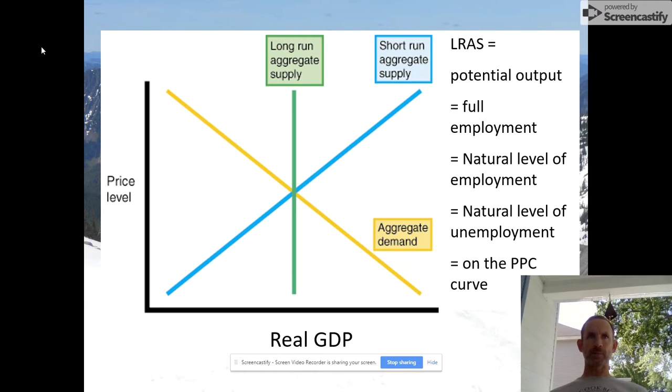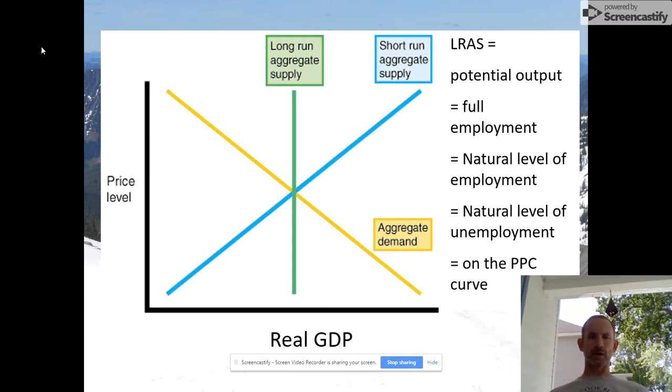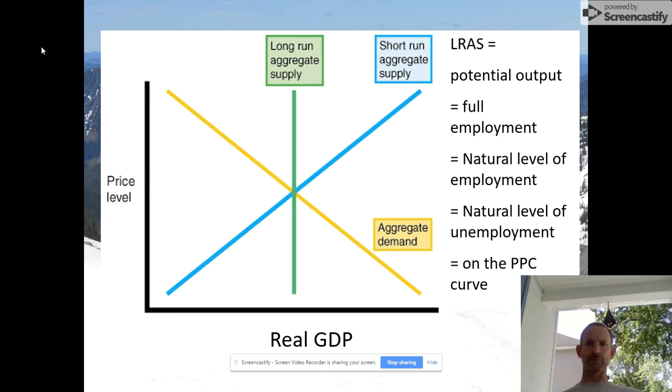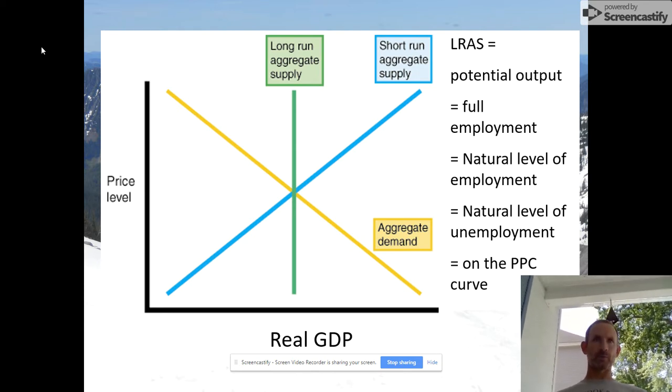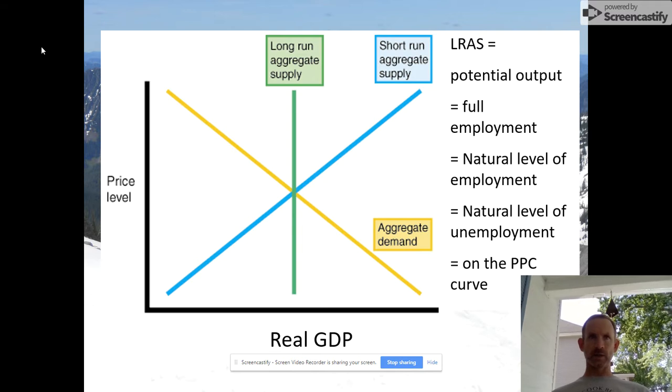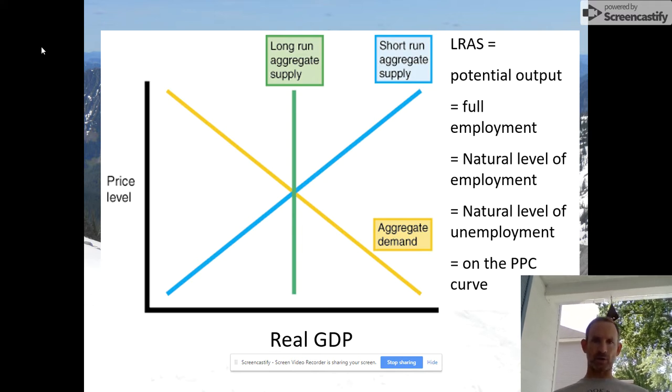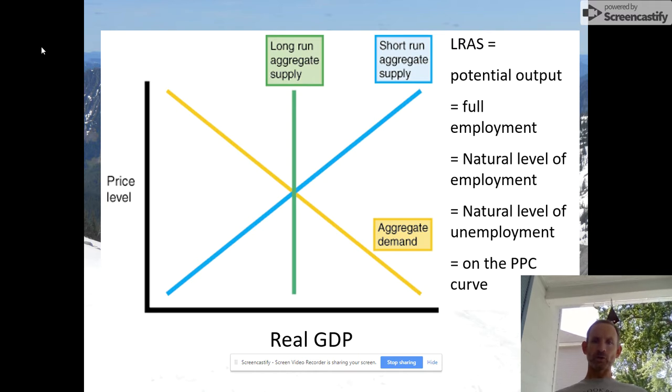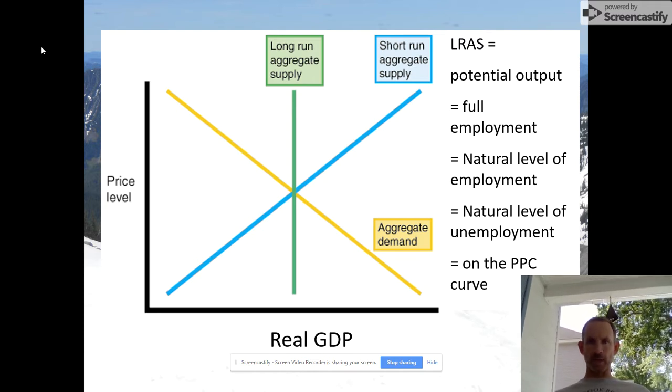It's the potential output because it's the potential that our economy can produce if all of our factors of production are fully employed. So all our people who want a job are working, our capital, our natural resources are all fully employed. In the short run, you can actually go beyond that.